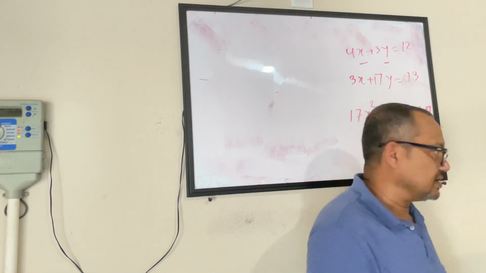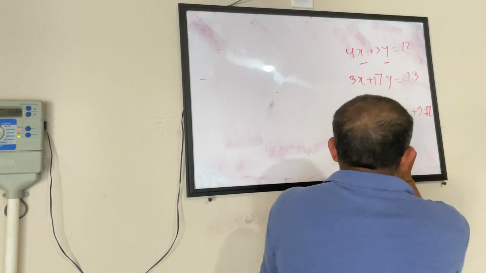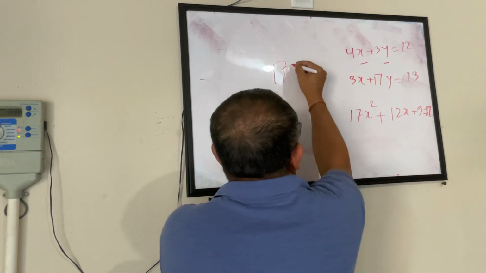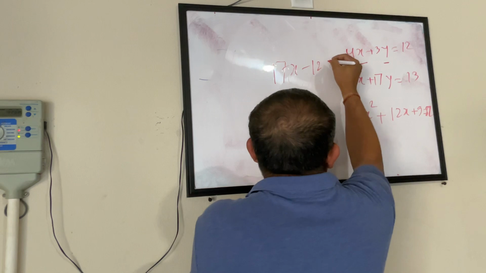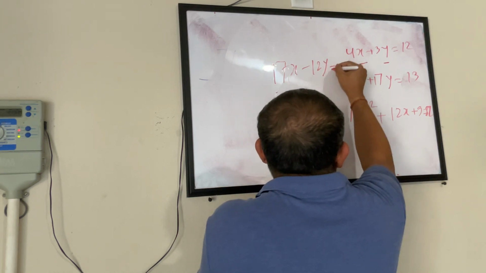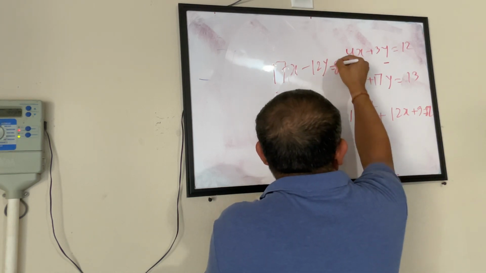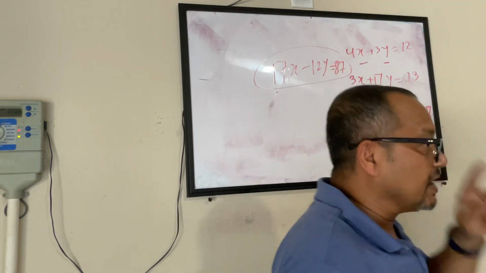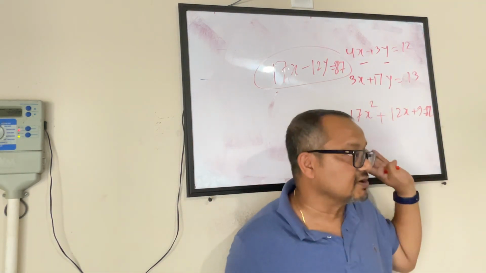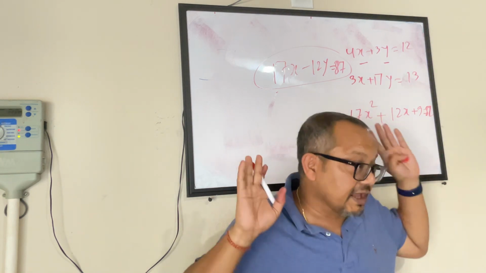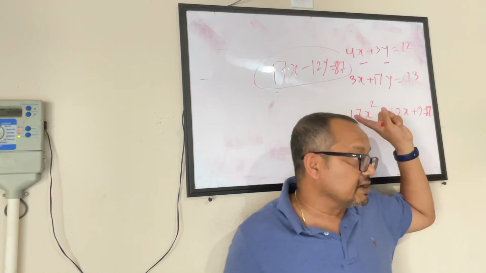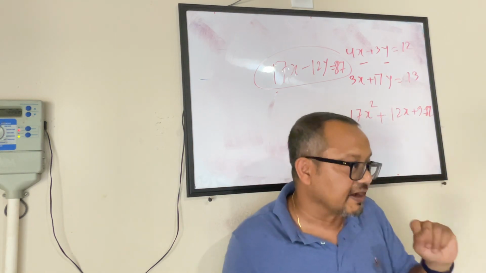This is possible. If I have, let's say, 4x plus 1, starting with 4 always. If I have 17x minus 12y equal to 82 or 87, whatever it is. If I see two variables and there is only one equation, there is no way I can solve it. I can use this as a linear equation to draw a line, but this will not help me get the exact value of x and y.